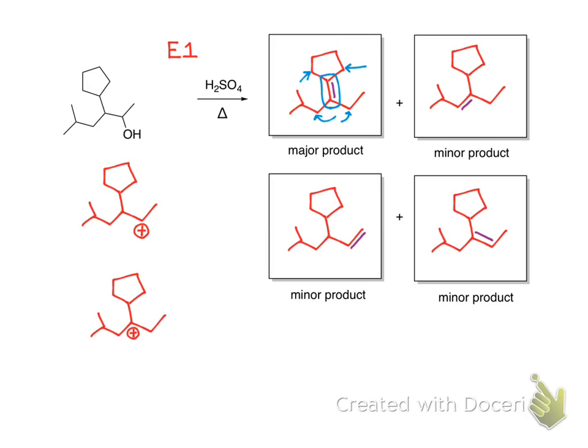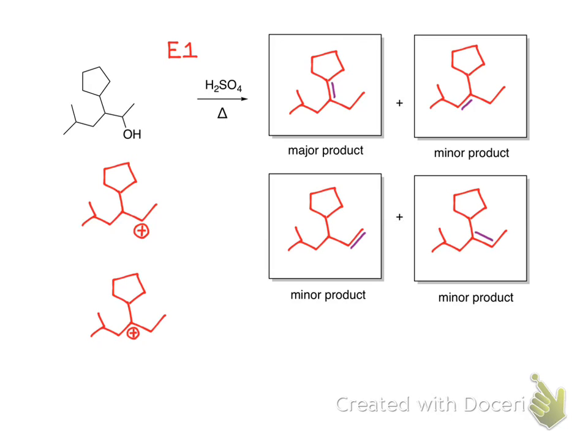Zaitsev's rule says the more carbons that you have coming off of your double bond, the more stable the alkene product is. We can use this to predict our major product. Since this one has 4, unlike any of the other ones, for example, this one over here only has 1, 2, 3. The one with the 4 carbon substituents off the double bond is going to be our major product.